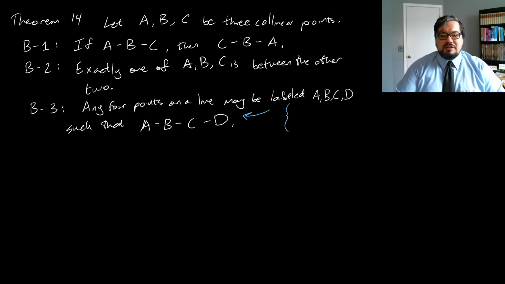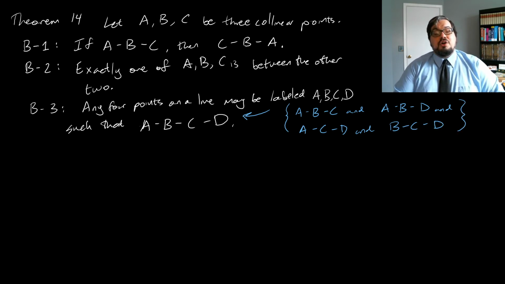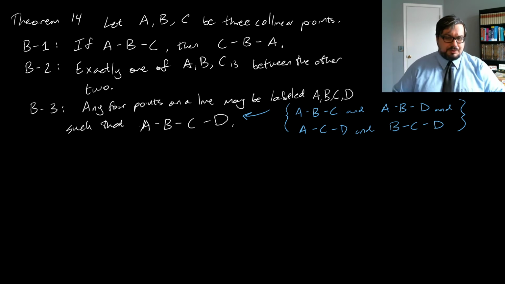So this notation means that B is between A and C, and B is between A and D, and C is between A and D, and C is between B and D. So if I remove any one of the 4 points, I get a normal betweenness relationship, and all 4 of those hold.